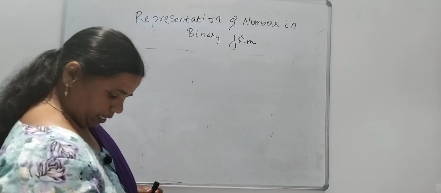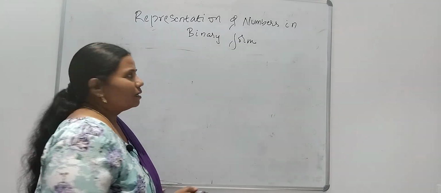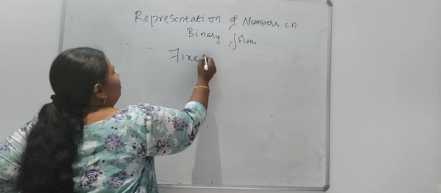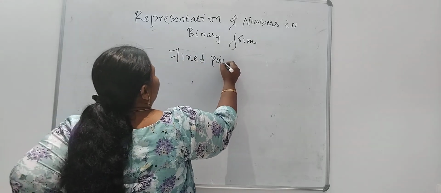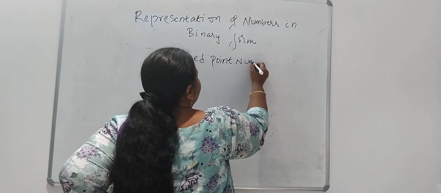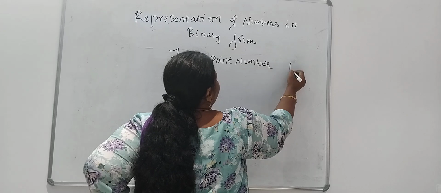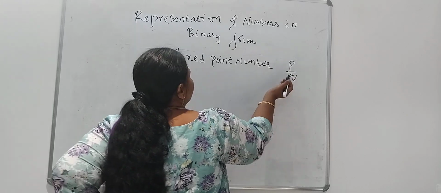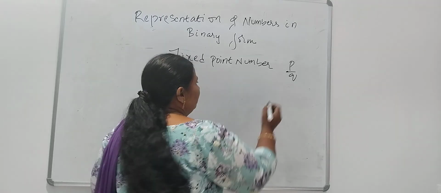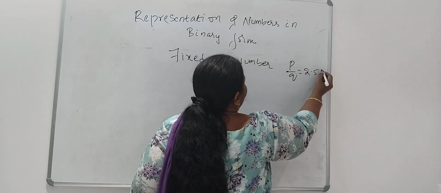So whenever we go for fixed point number system, already I told you, any number which is expressed in p by q form, you can express in the decimal form like 2.56 or anything.